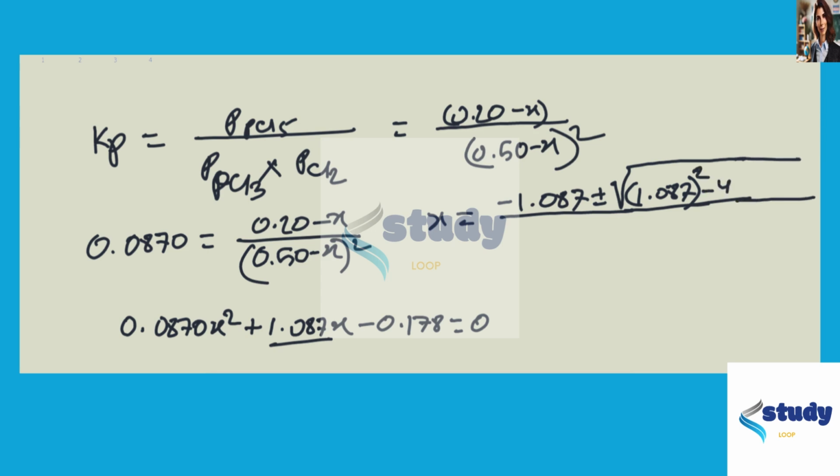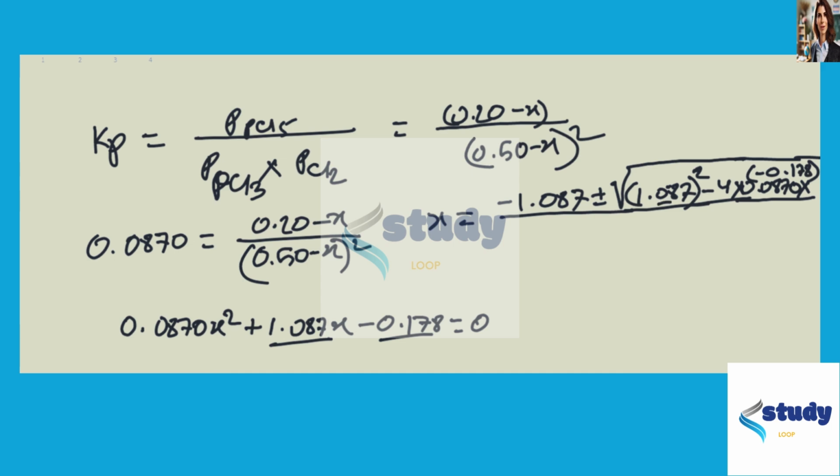minus 4 times a, which is 0.0870, times c, which is minus 0.178.